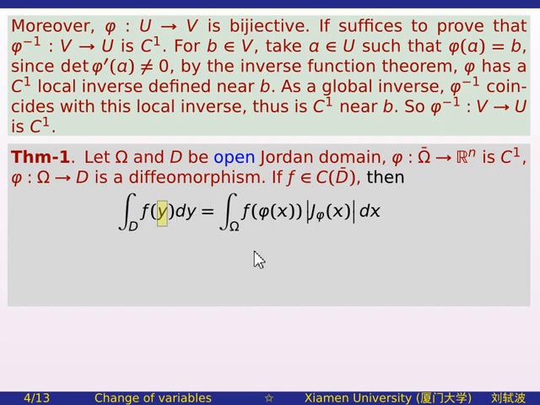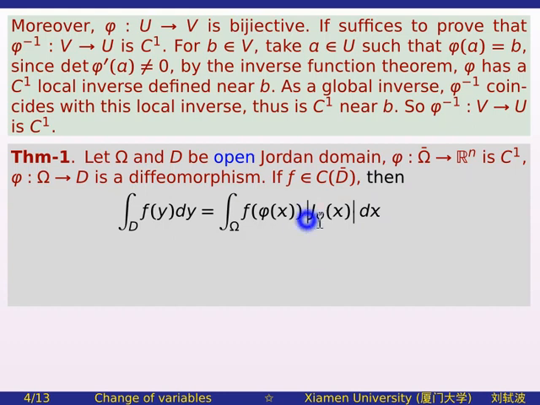Then you substitute y equal to phi(x) into this integral, replacing the integral domain D by the new domain omega. And for dy, with y equal to phi(x), you can consider dy as the absolute value of the Jacobian determinant of phi at x, multiplied by dx.